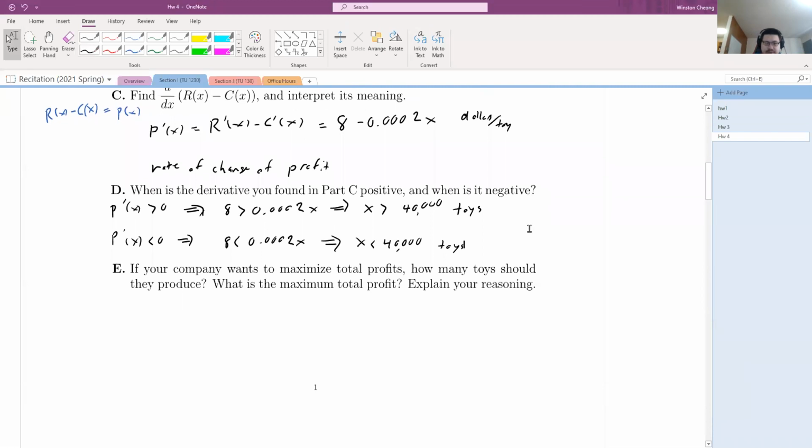Right, and so E is pretty much asking us to think about D. How do we maximize the total profit? So this is saying that the profit will be increasing. Wait. Hmm. That's a bit weird, isn't it?